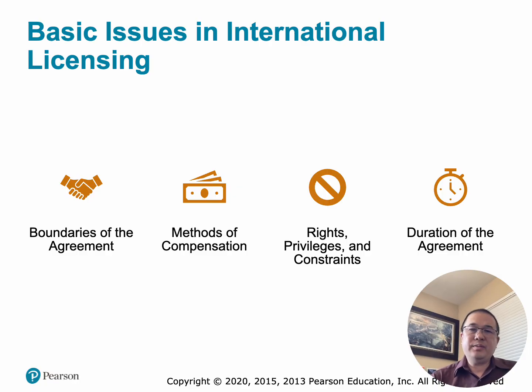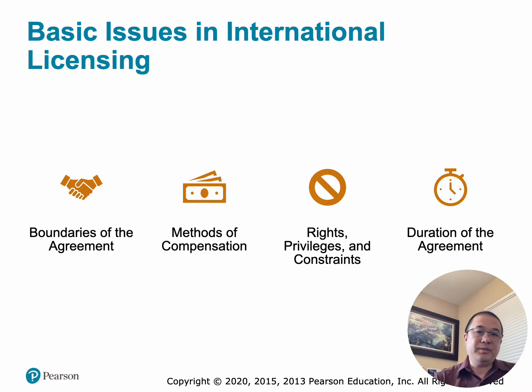Number 3, rights, privileges, and constraints. This section defines what the licensee can and cannot do. So for the rights, the licensee may be allowed to manufacture products, use trademarks, market products, access technology. The constraints are the licensee may be prohibited from modifying technology, sharing IP with competitors, selling outside approved territories.